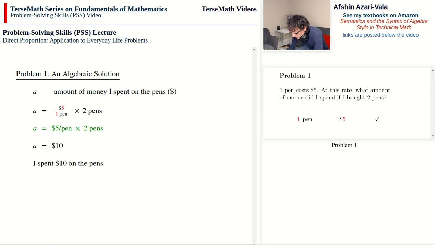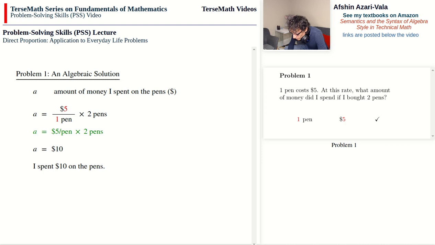Now it's very interesting that this logic is the only logic that you need to work with all direct proportion problems, at least following this particular kind of approach. Now I would like to emphasize that the green is something that we don't have to write down, and normally we skip that stage, but if you wanted to explain to someone, let's say, how things work, then it would be a good idea to keep the text in green.